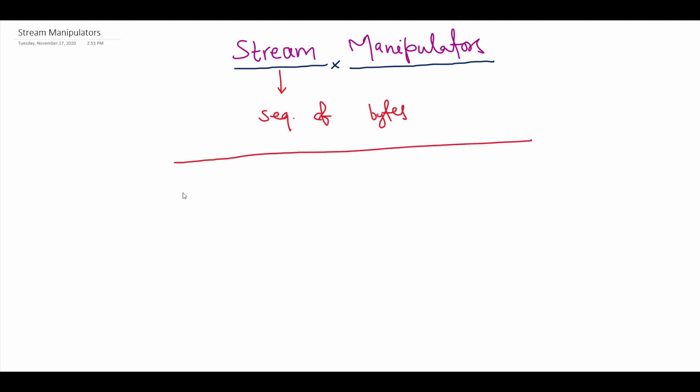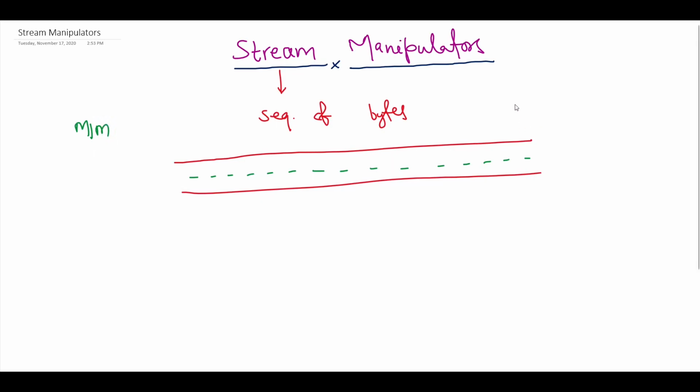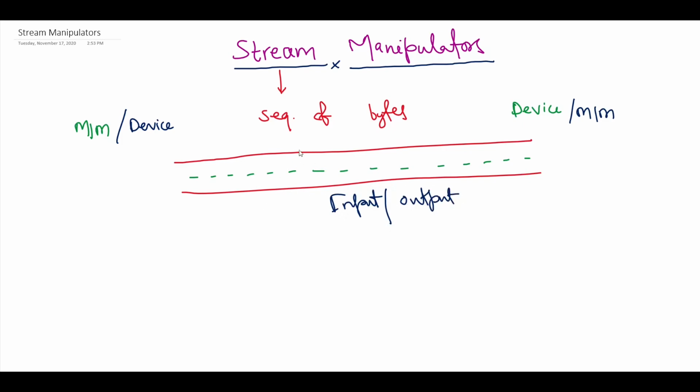You can understand it like this: you have a sequence of bytes that is flowing. On one end it could have memory from where it is flowing, and on the other end some device, or it could have a device on one end and memory on the other end. But all that depends on whether we are trying to take input or do some output, right?